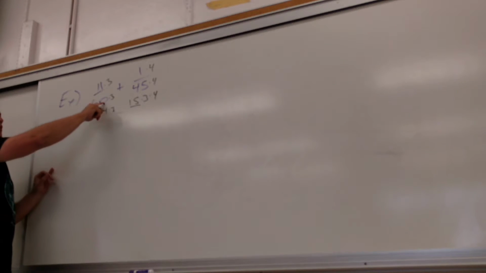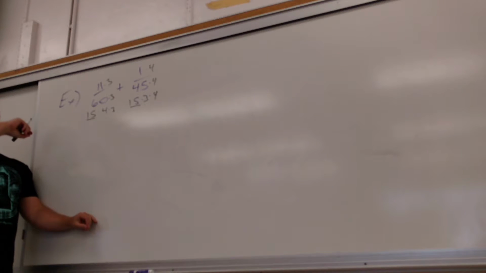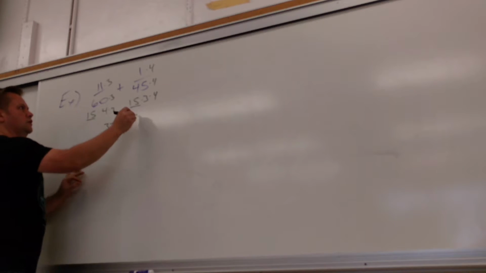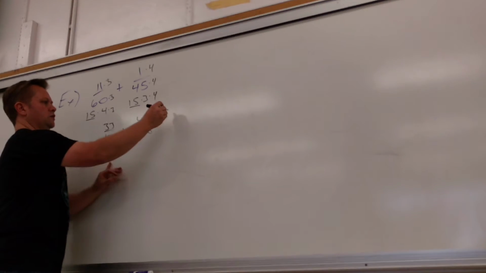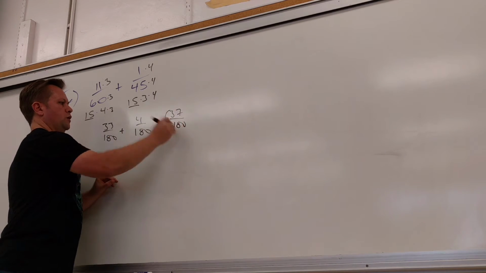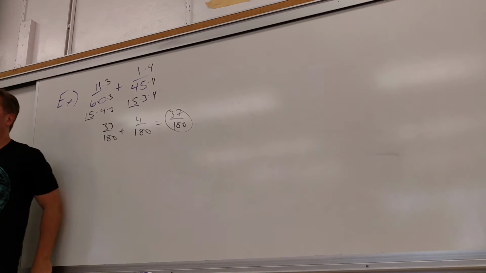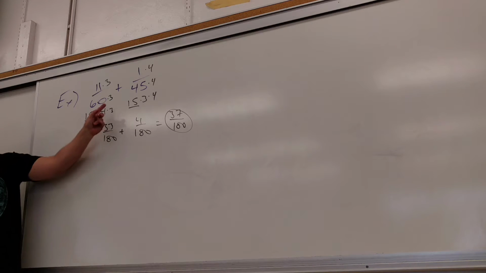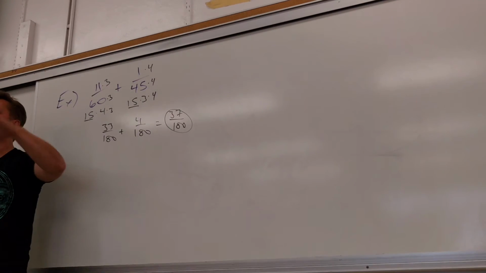And what is that denominator? 60 times 3? 180. So then I get 33 over 180 plus 4 over 180 equals 37 over 180. No big deal. All right, so you're kind of chopping the numbers down. They're so big, I chop them down by using the largest common factor that's already there, so I can only focus on the parts that aren't the same.